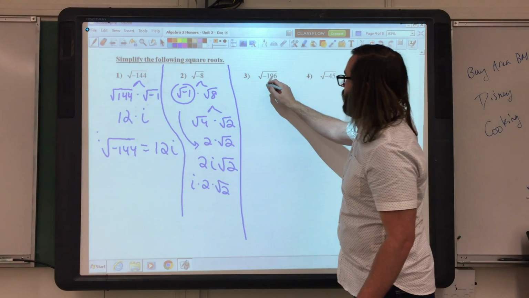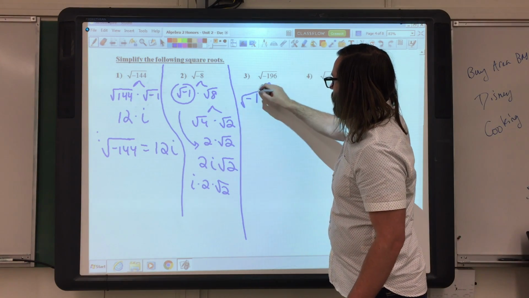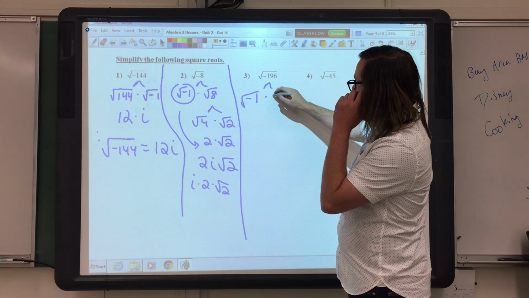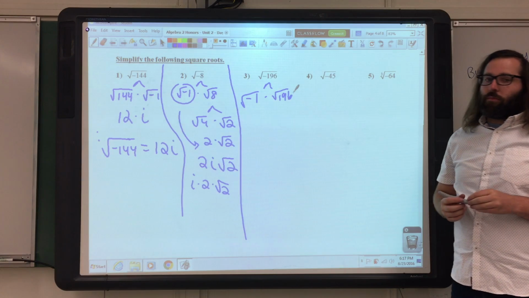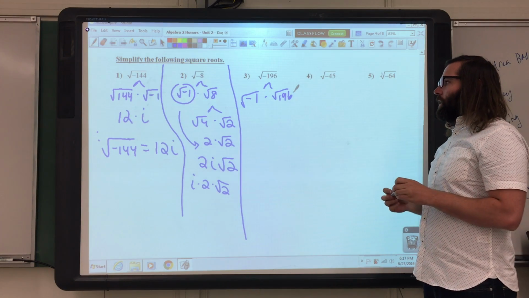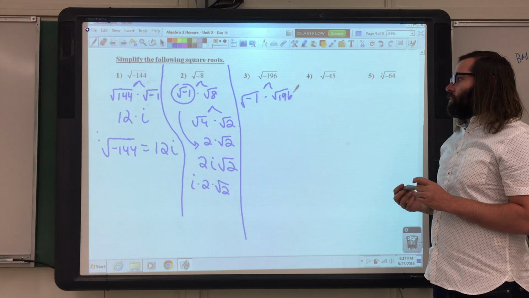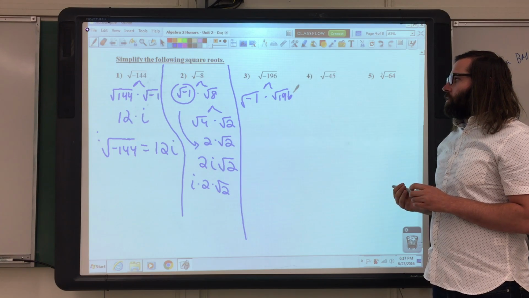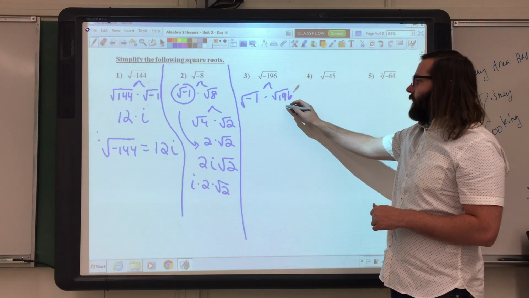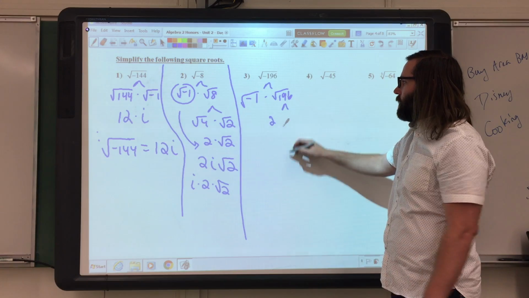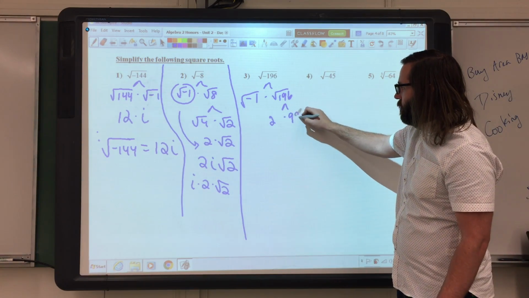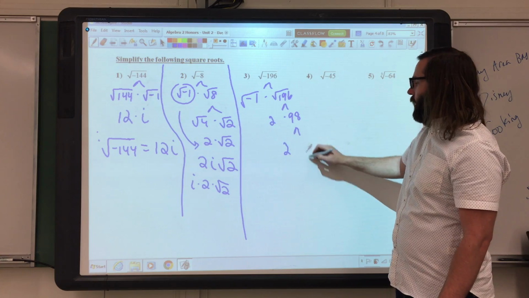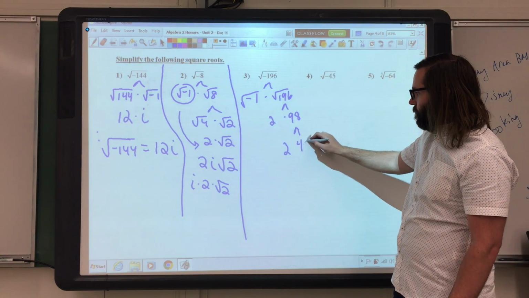Okay, this one we can break down to square root of negative 1 times square root of 196. If you don't know what that is, then you can just start dividing by 2. So 2 and 98. 2 and 49.